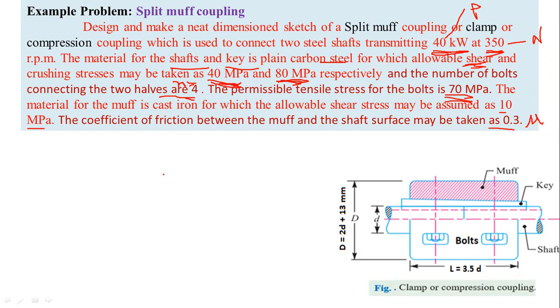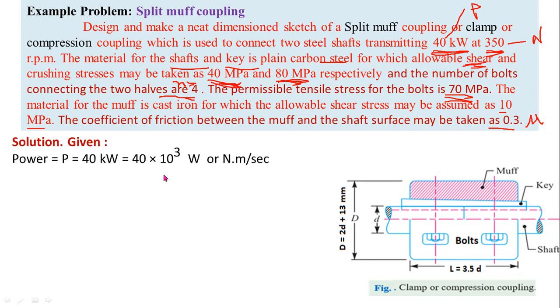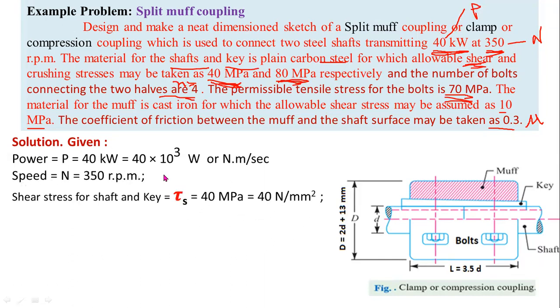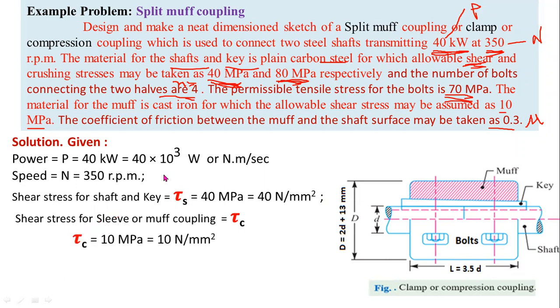So these are the given values. Power P equals 40 kilowatts. 1 kilo equals 1000, so 40,000 watts. 1 watt equals 1 Newton meter per second. Speed n equals 350 rpm, and the shear stress for shaft and key material is tau s equals 40 megapascal. 1 megapascal equals 1 Newton per mm square. The shear stress for the cast iron sleeve or muff is tau c equals 10 megapascal, or 10 Newton per mm square.